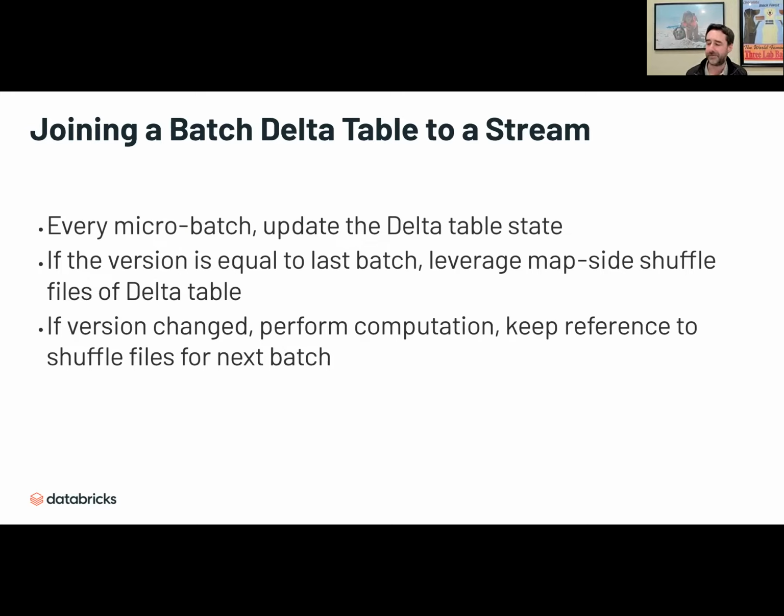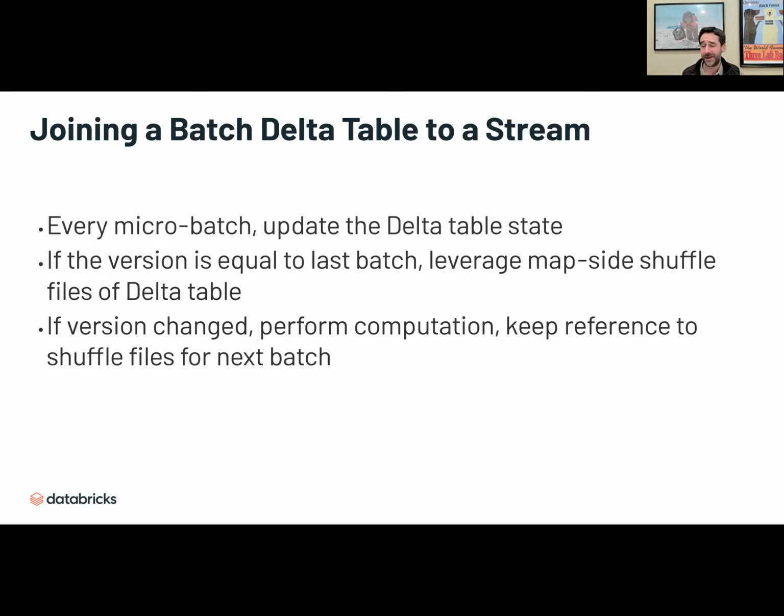That in itself is a pretty powerful idea, but matching the stream to a static Delta table, where that stream can continually come through, and that static Delta table can actually change and identify where that change happened, and then retrofit the join to that streaming table.